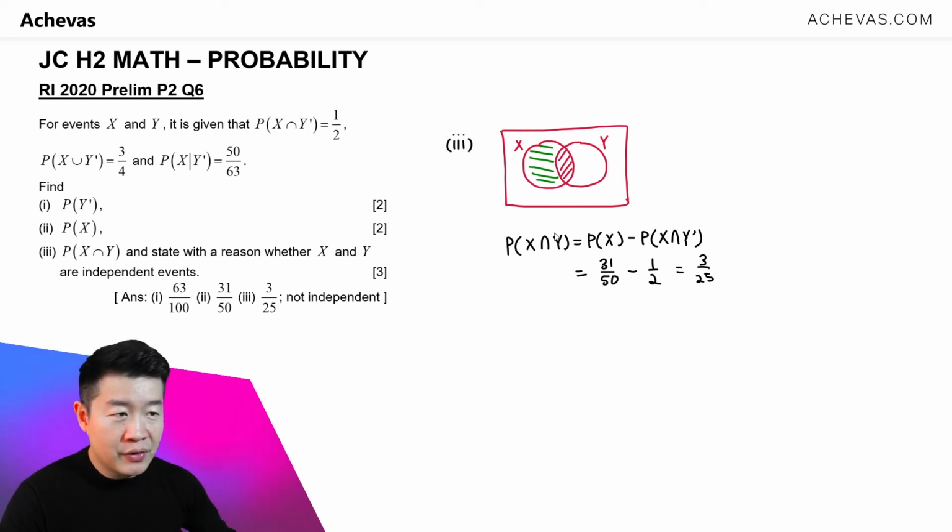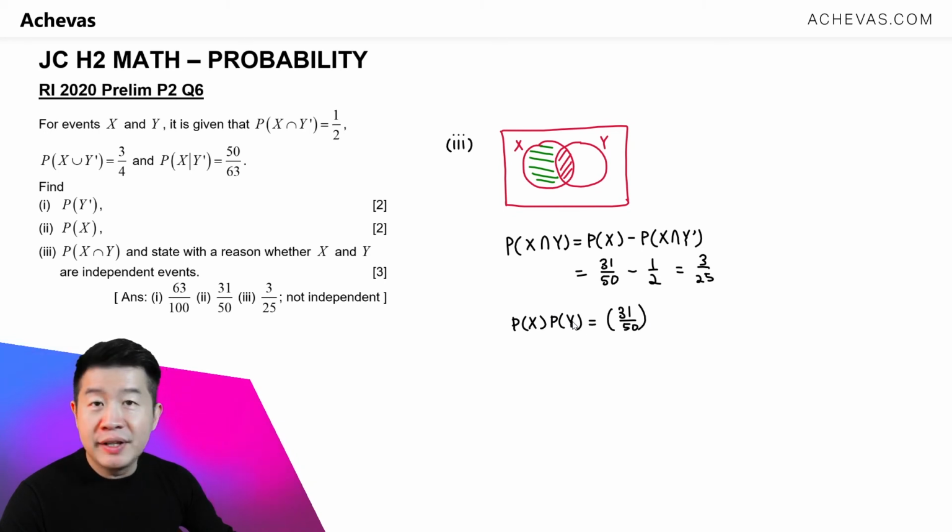And we are going to make use of this to try to prove whether events x and y are independent. So for me to prove this, I'm going to take the probability of x multiplied by the probability of event y. So the probability of x we have found previously, 31 over 50. For the probability of y, I'm going to make use of the probability of y prime.